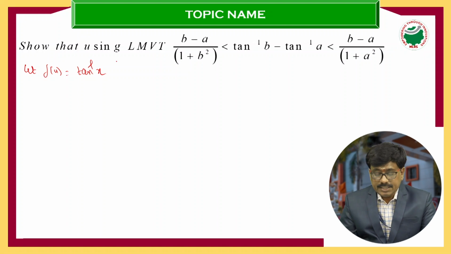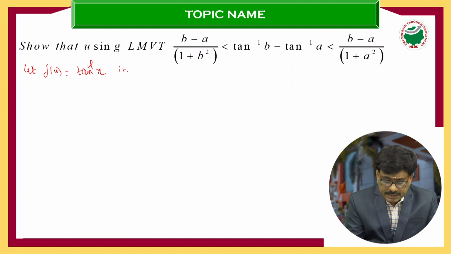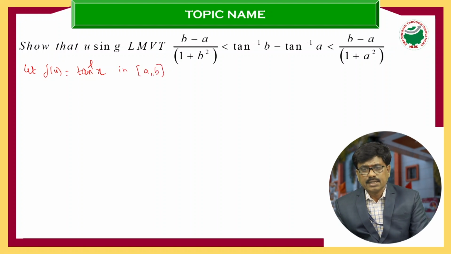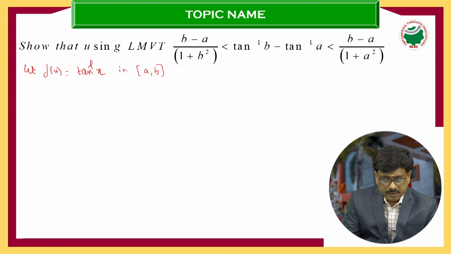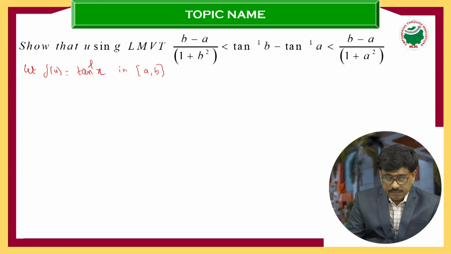For this tan inverse x, I am going to define the interval with values A and B, because we are not going to consider particular values as in the previous problem. There it was a polynomial function, and we defined particular values. Now we are fixing the points A and B. Okay, f of x equal to tan inverse of x.